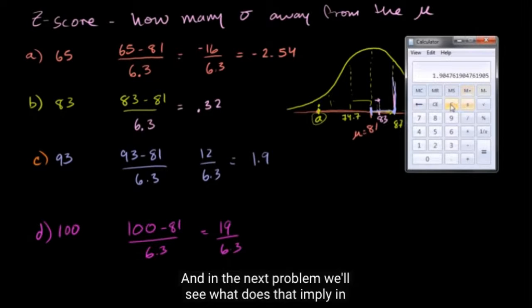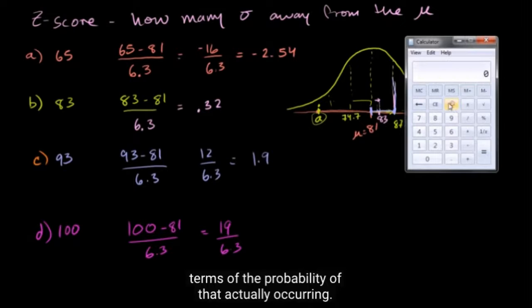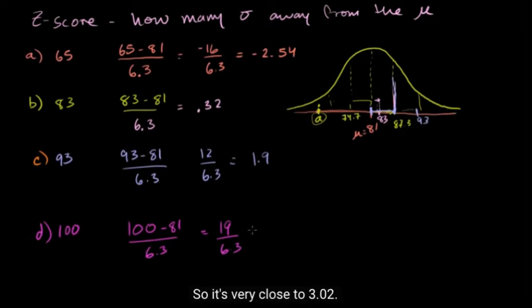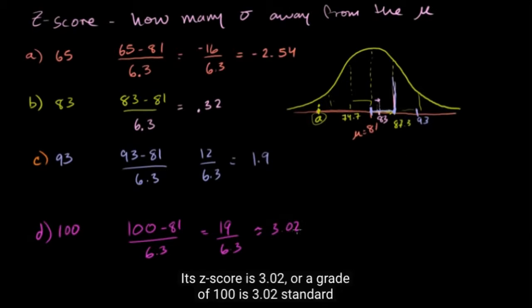In the next problem, we'll see what that implies in terms of the probability of that actually occurring. But if we just want to figure out the z-score, 19 divided by 6.3 is equal to 3.01. So it's very close to 3.02, really, if I were to round. Its z-score is 3.02, or a grade of 100 is 3.02 standard deviations above the mean.